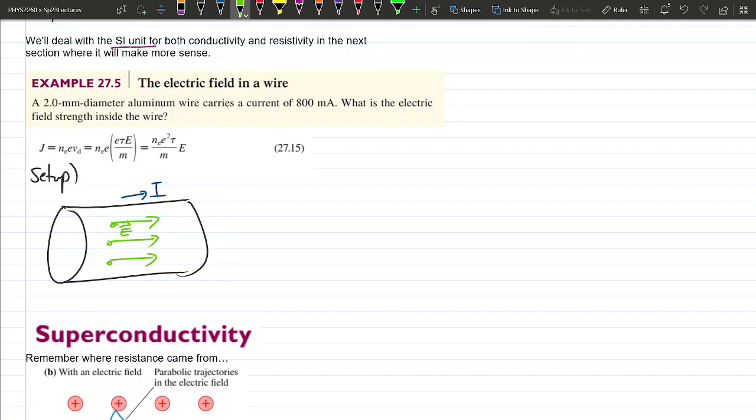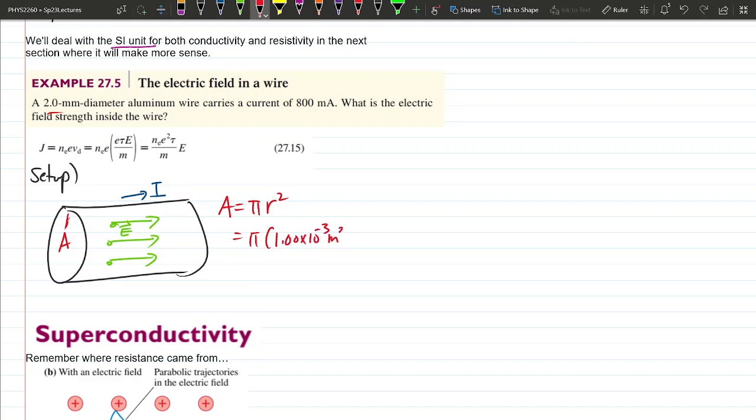Now that we have a picture of what's going on with the current, this little wire has some cross-sectional area. This area is just going to be pi times r squared, and r in this case is going to be 1.0 times 10 to the negative 3.